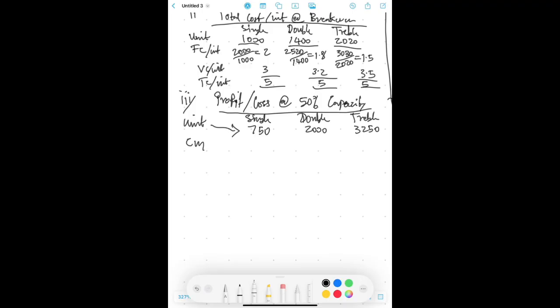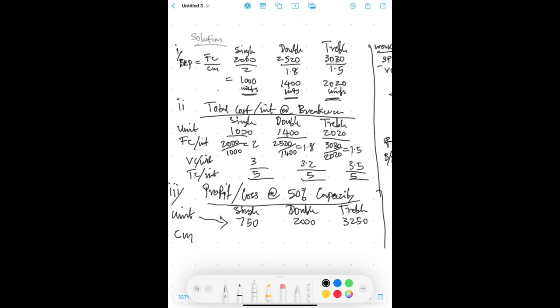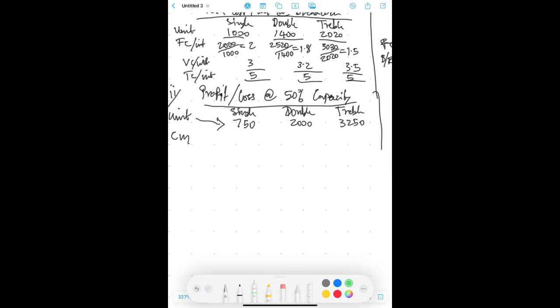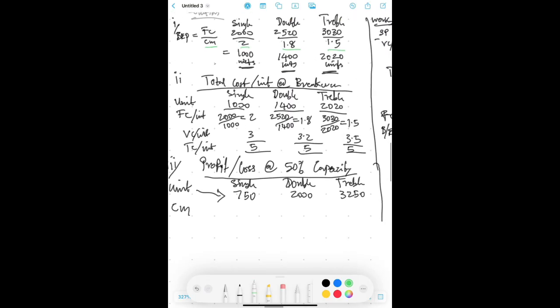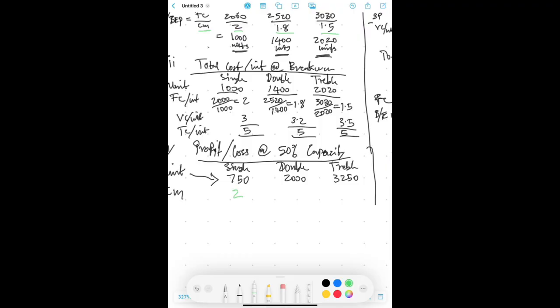We've already calculated the contribution margin when doing the break-even, for each of the shifts: 2, 1.8, and 1.5.